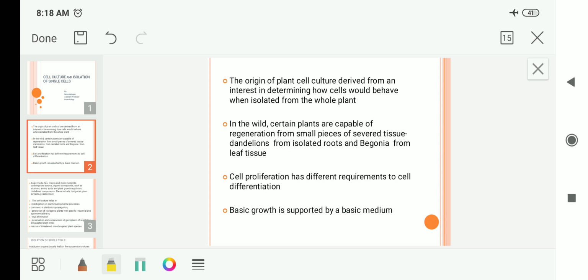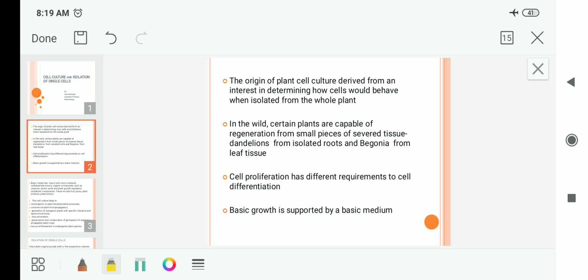Now, we know that in the wild, certain plants have the capability that when small pieces get detached from the mother plant, a complete plant arises. For example, in dandelions, when the roots are isolated, you get a complete plant.